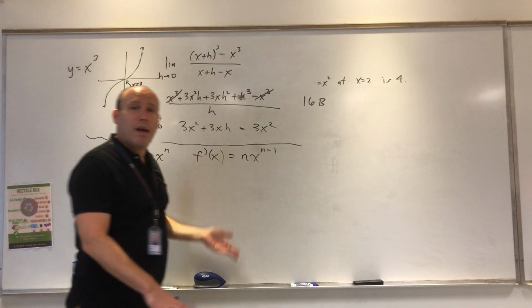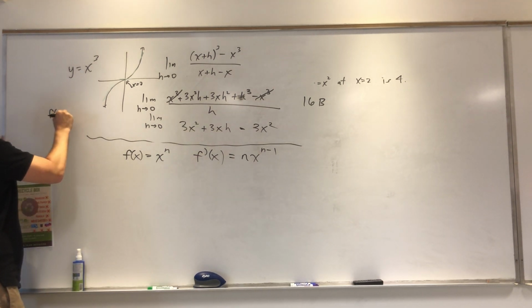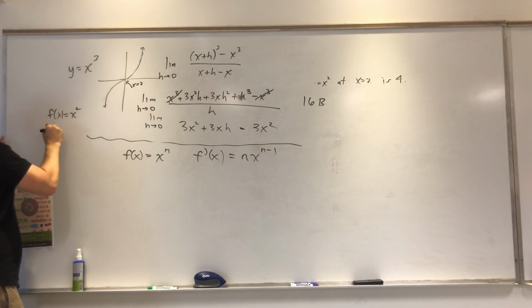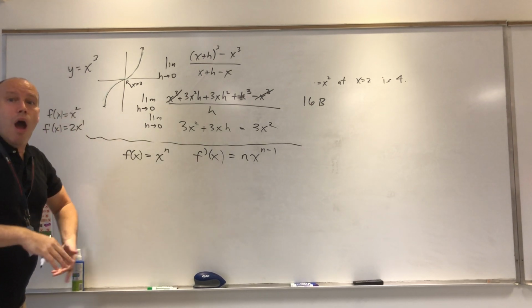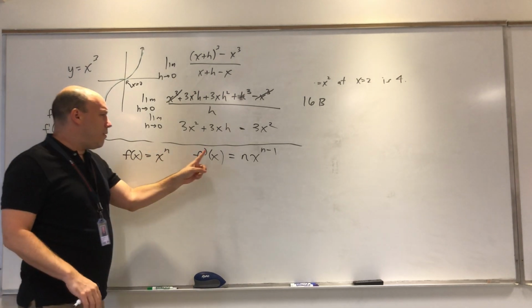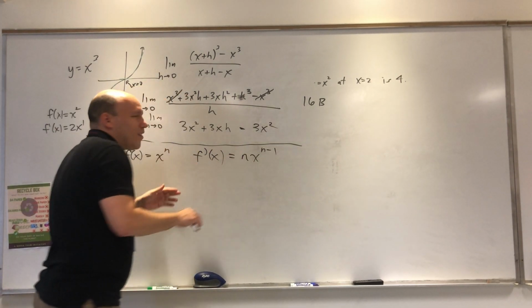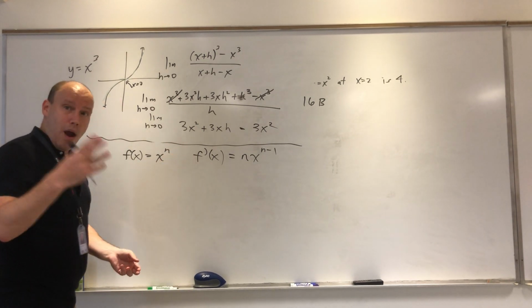What was it with x squared? If f of x was x squared, bring the 2 down, and that was 2x. We're going to be using this formula in the class, obviously, but today, how are we going to prove this?